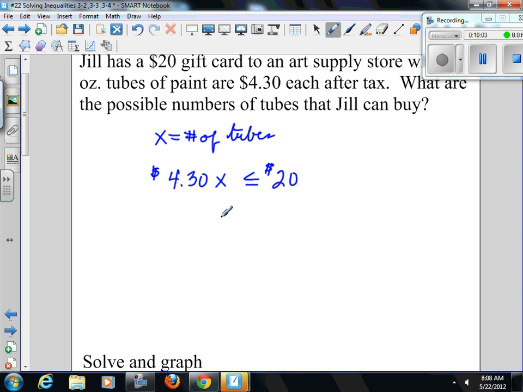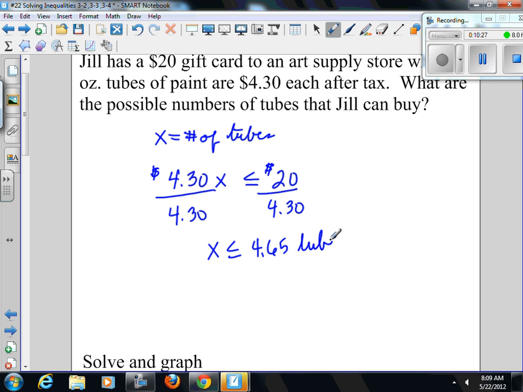So now, what we want to do is we want to get x alone. So let's divide each side by 4.30. So 20 divided by 4.30. X has to be less than or equal to 4.65 tubes.